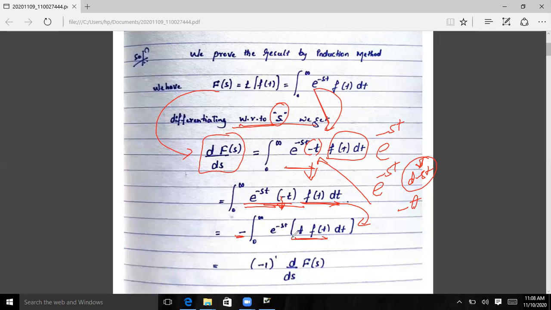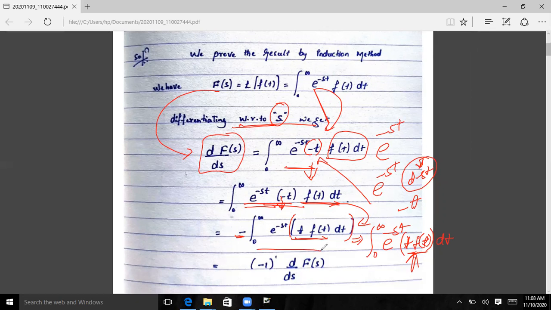Look carefully here: this is the Laplace transformation of the function t into f of t.